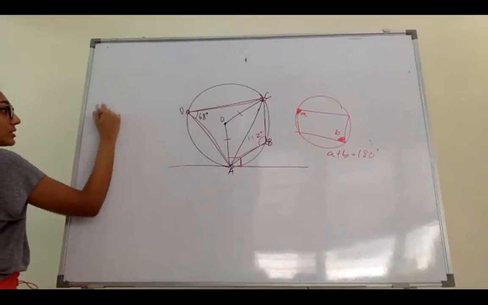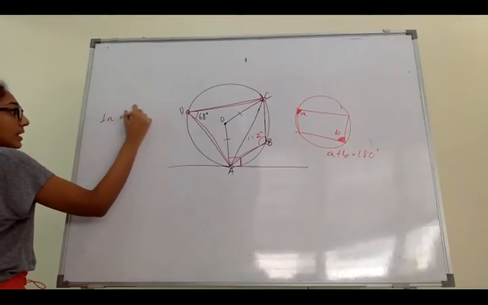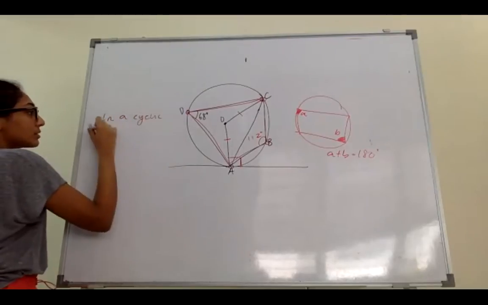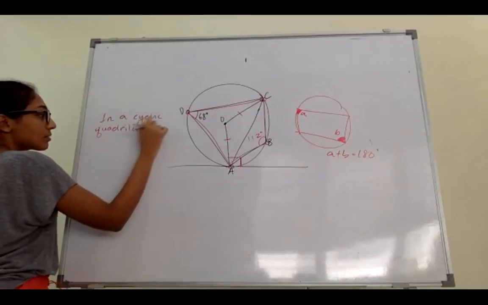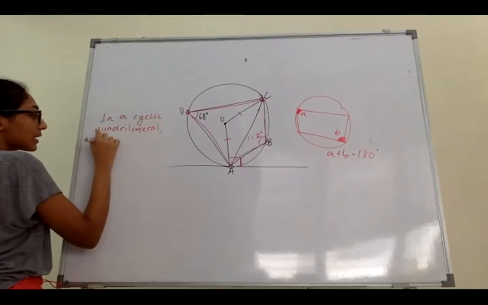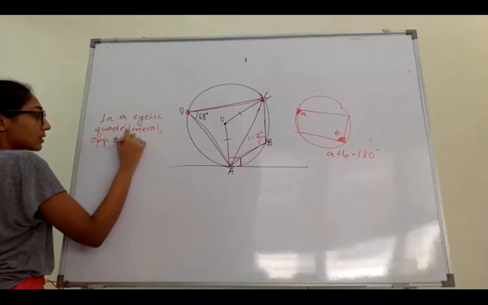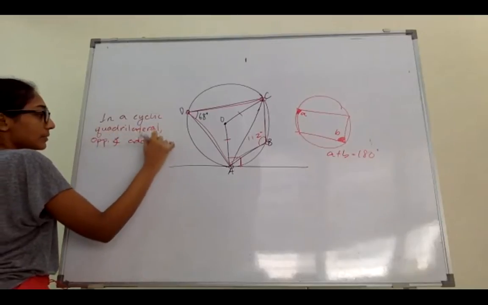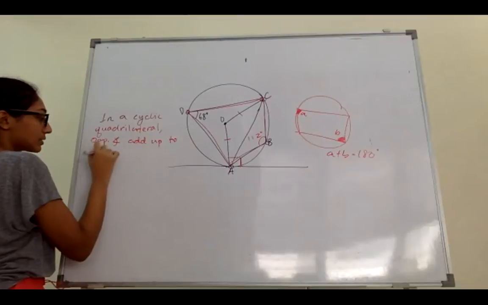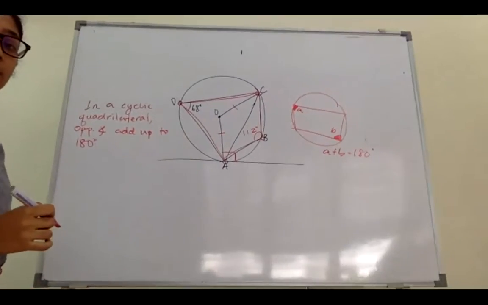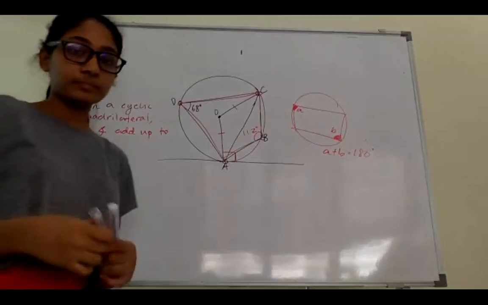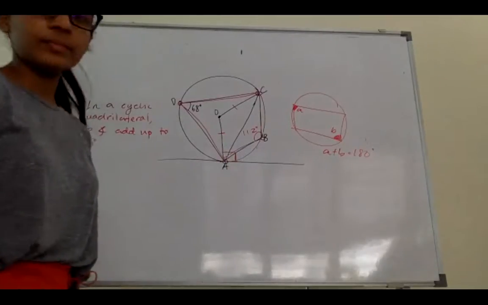The explanation is: in a cyclic quadrilateral, opposite angles add up to 180 degrees. That's your explanation for why this is 112.